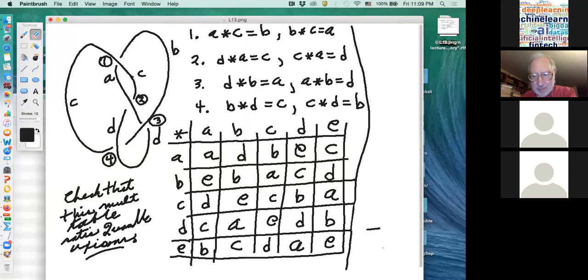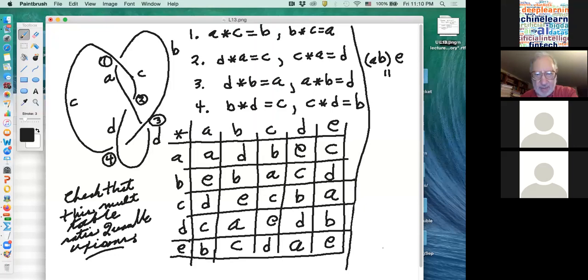Getting myself a little bit of space. Let's try the distributive law out on some 3 elements. Say it's C and let's say A, B, and E, all right? So we can try A, B times E, okay? I'll stop writing the star. So let's see what we get there.